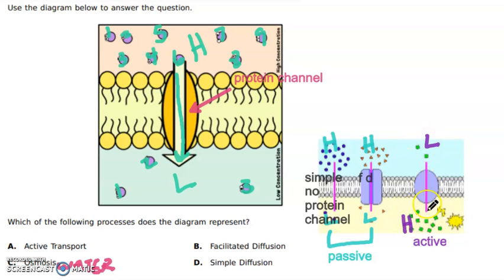There's way more than 2 molecules down here, so we're going from low to high. Another big thing about active transport is that you need ATP. Here there's a lightning bolt, like a star, that's representing ATP. And ATP is energy.